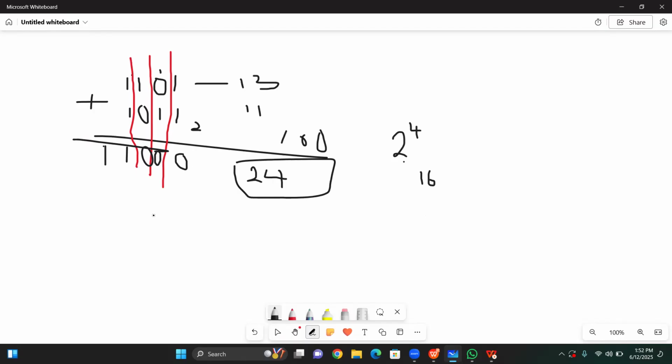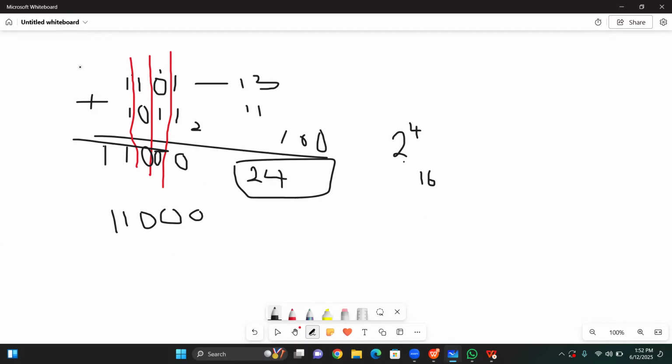So this is what we call overflow. We'll talk about overflow in this session. We are adding 4 bits plus 4 bits, giving us 5 bits. So we now have 24 here because 1, 1, 0, 0, 0 is 24.